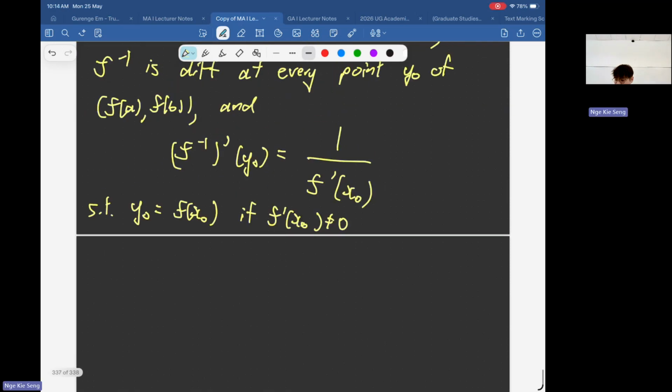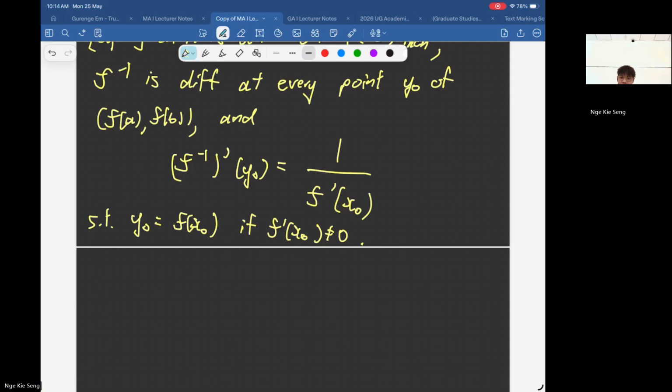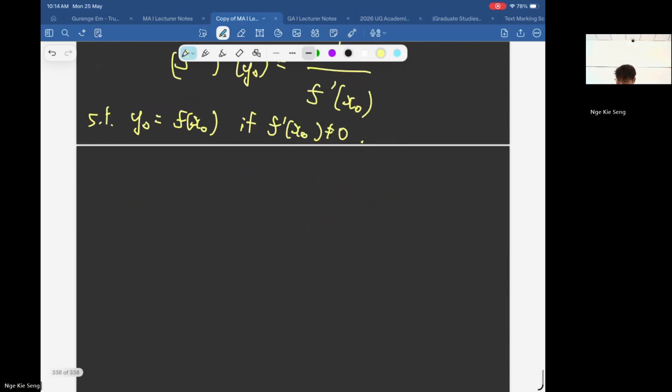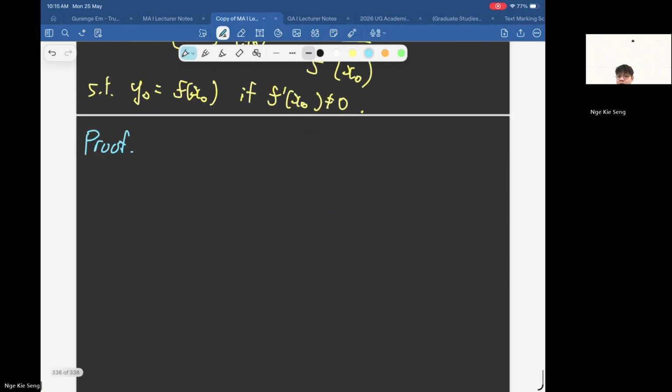So we're going to show this formula. Proof. Now suppose that yn converges to y0.